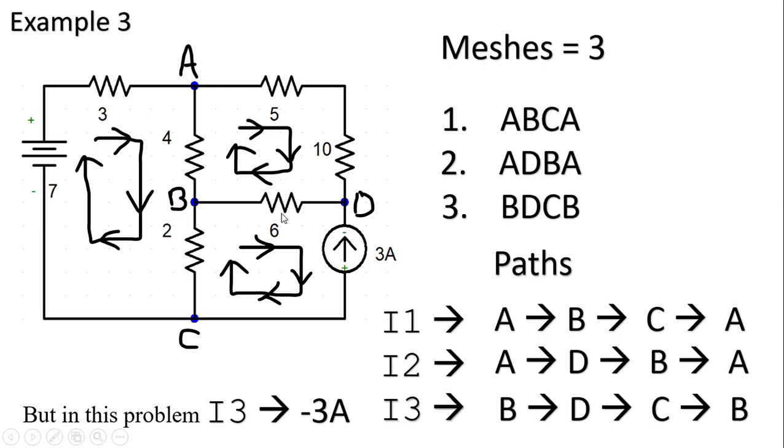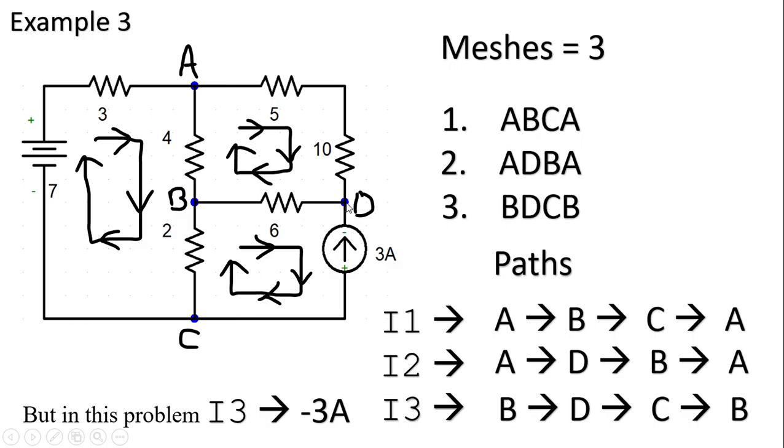And the third one, I3, is the current flowing in the third mesh in the clockwise direction like this. But in this particular problem there is a constant current source available in the path DC which is 3 amperes.